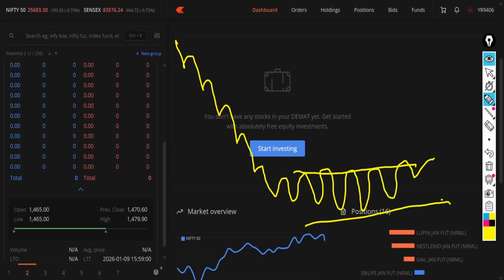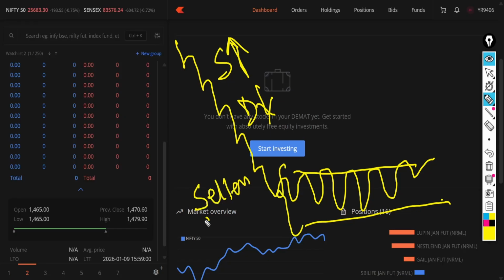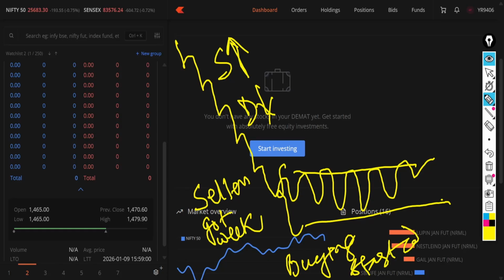Here supply was high and demand was low, but at this zone sellers got weak and buyers started pushing the price up.